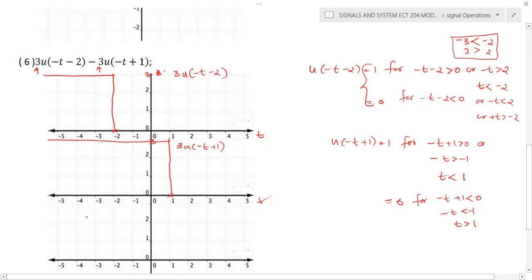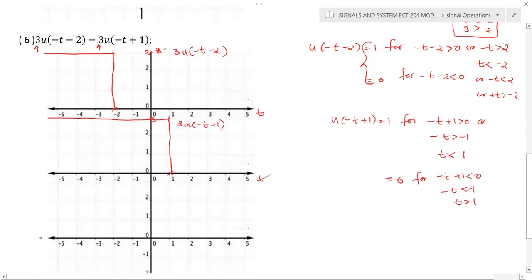So when you evaluate the signal from minus infinity up to the point minus 2, the first signal amplitude is 3 and the second signal amplitude is 3. So 3 minus 3, you will get 0. Up to minus 2, you will get 0. From minus 2 to 1, the first signal amplitude is 0 and the second signal amplitude is 3.